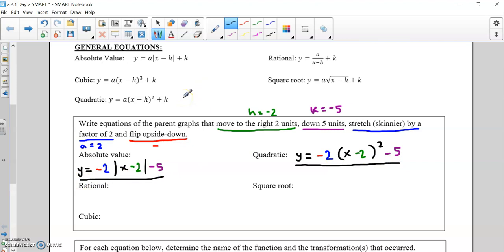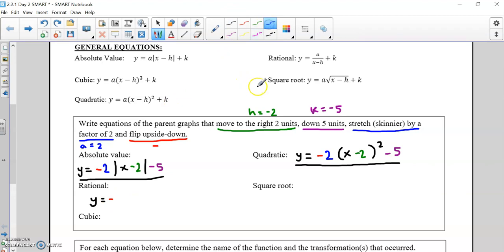All right, on to rational. Now, rational is the one that's a little funky compared to what we're used to. That's this guy right over here. So we're still going to follow the format, though. As long as you follow the format, you will be A-okay. All right, y equals. Now, the negative sign still can go up front or at the top of your fraction. It doesn't matter. We could put it up front because that's what we're used to.